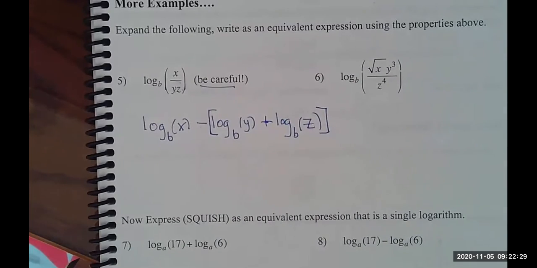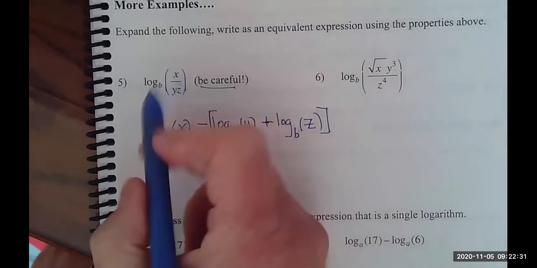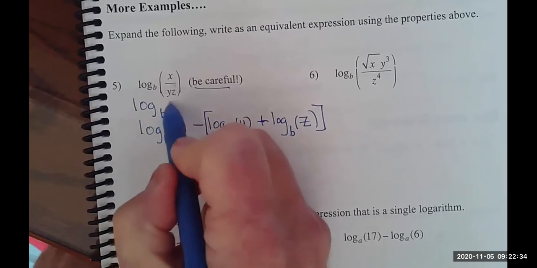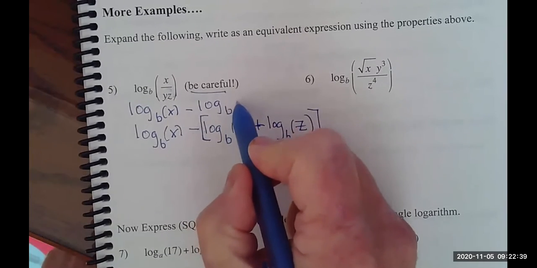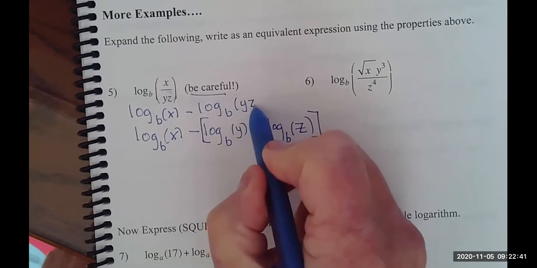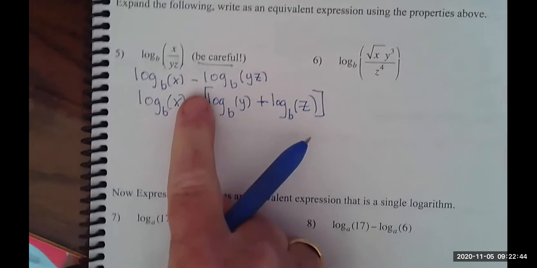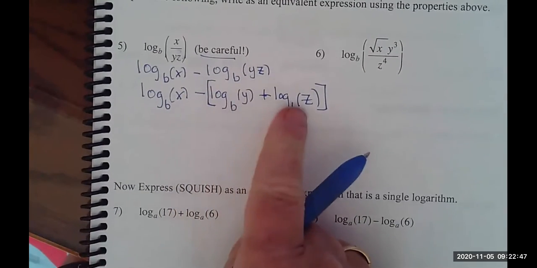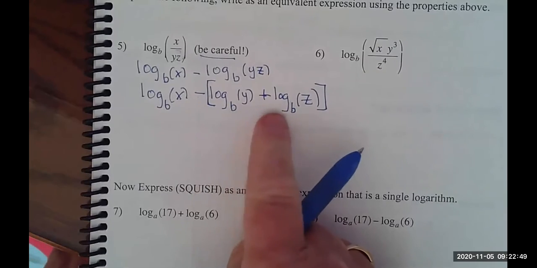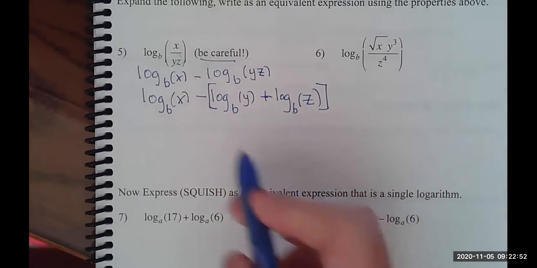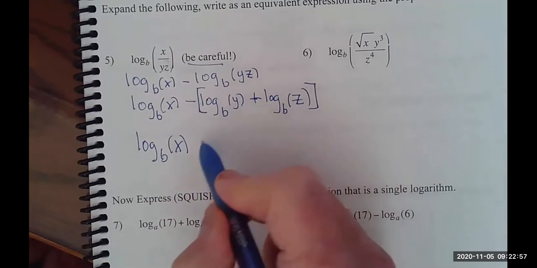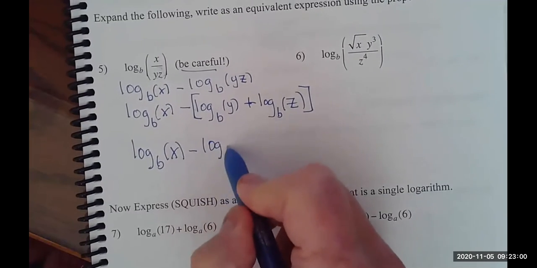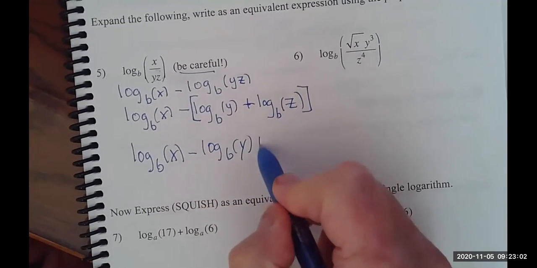Then we go log base b of the numerator minus log base b of the yz. So I'm subtracting whatever I do over here, and this is what I do in the brackets. So probably the back of the book's answer is going to be log base b of x. They'll distribute the negative. Oh, I made a mistake.